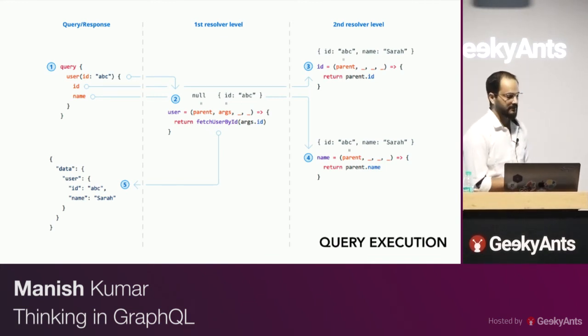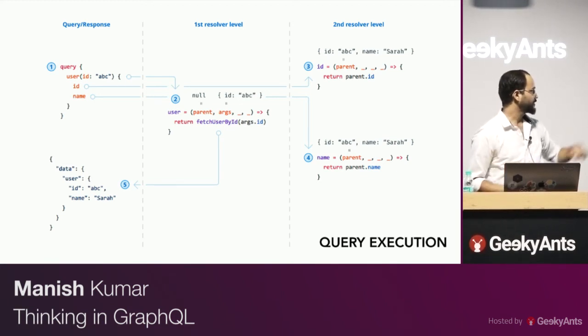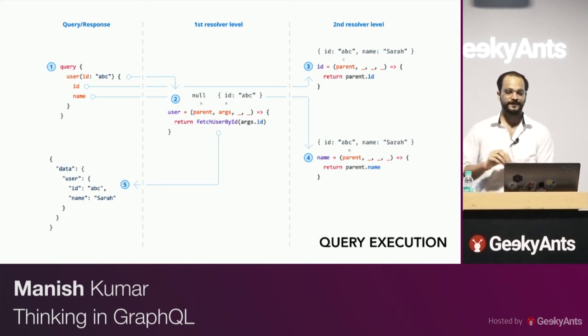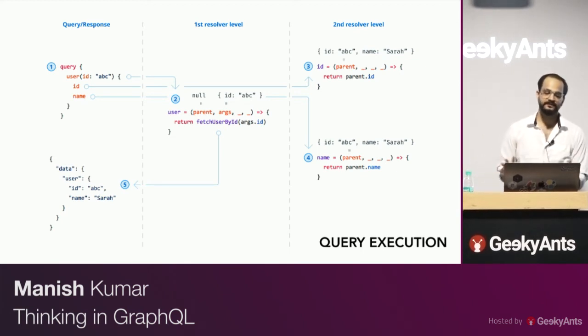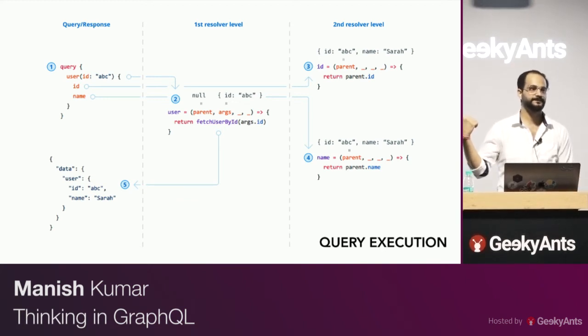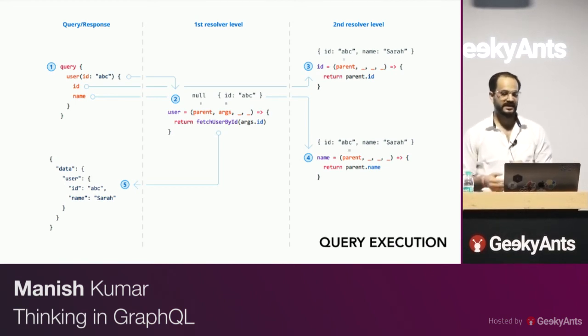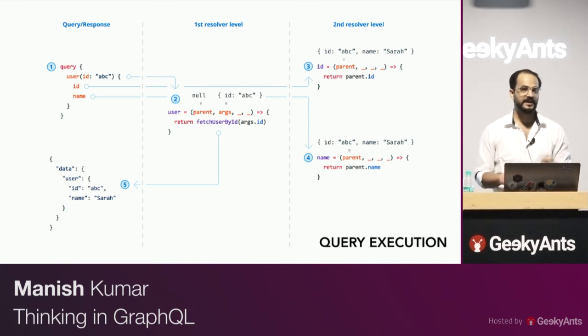So yeah, we are talking about how the user is resolved. The first thing that it has to resolve is the user, and consider that there is a function which is fetch user by ID with the argument of ID, that is querying your database for now. So it is returning you a user with name Sarah and ID ABC. That's what you get as soon as that resolver is called.